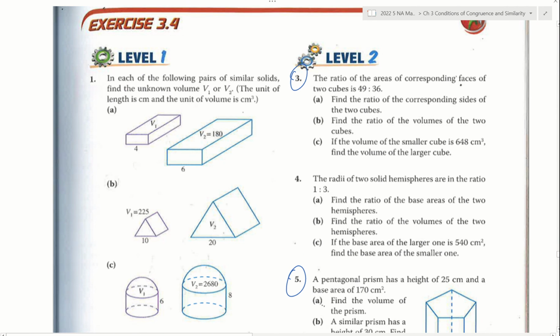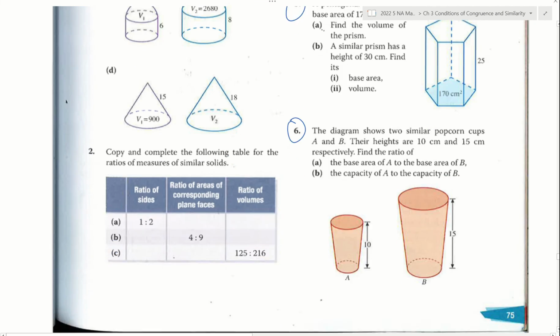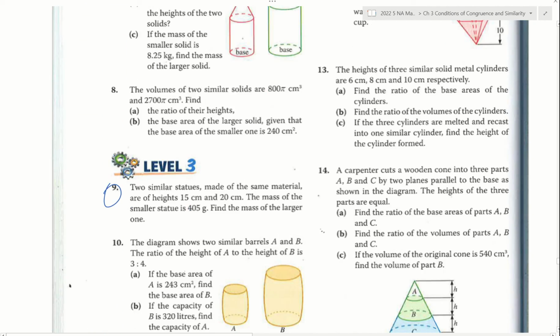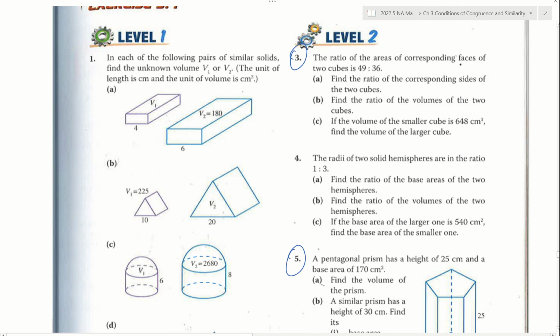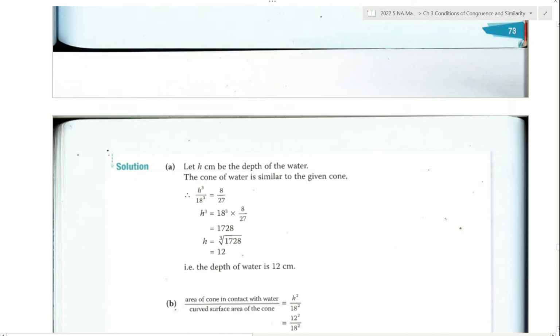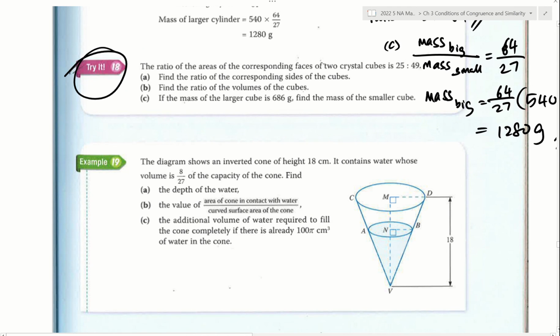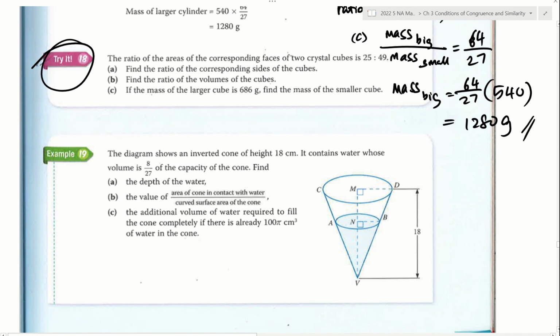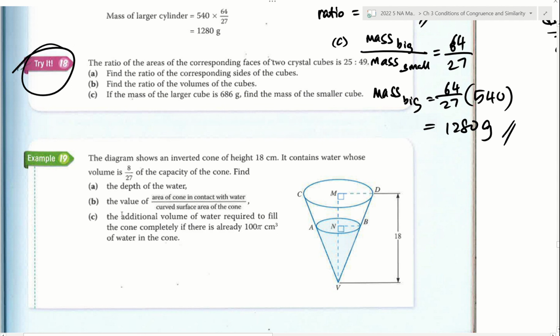Exercise 3.4, question 3, 5, 6, 7, 9. Oh, you laugh. Yeah, don't worry. If no time, then I will reduce that. But please now try 18. Make sure you get the basics correct first.